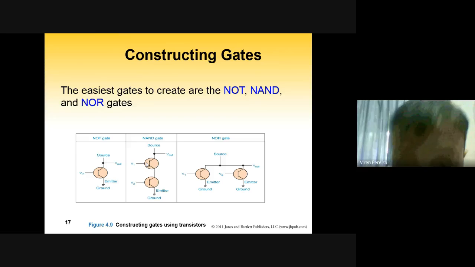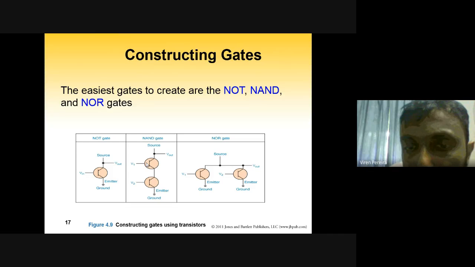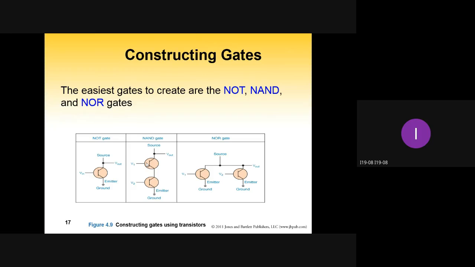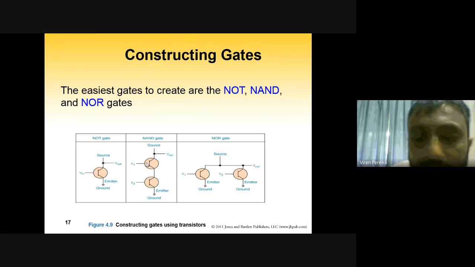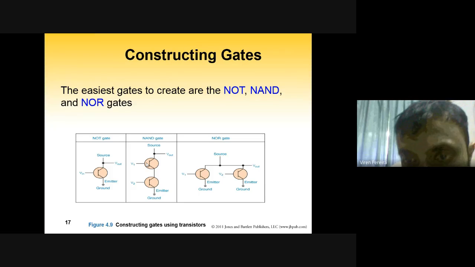Open. Correct. So if it is open, what will be the output? 1, obviously. So for 0 and 0, 0 plus 0 is 0, but the whole bar makes it 1. So we got 1.